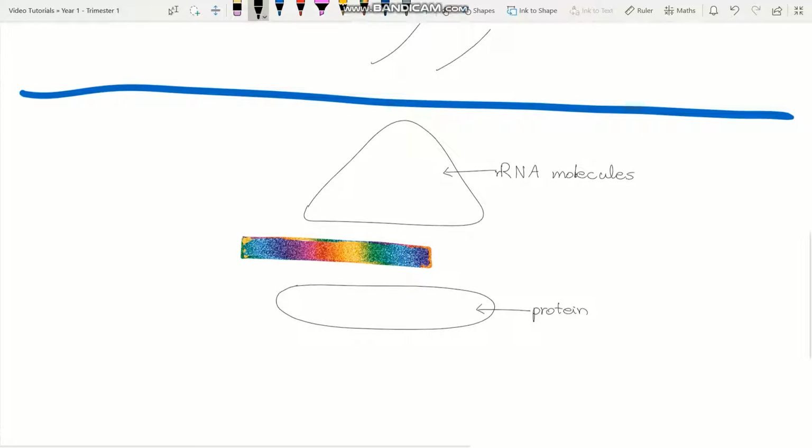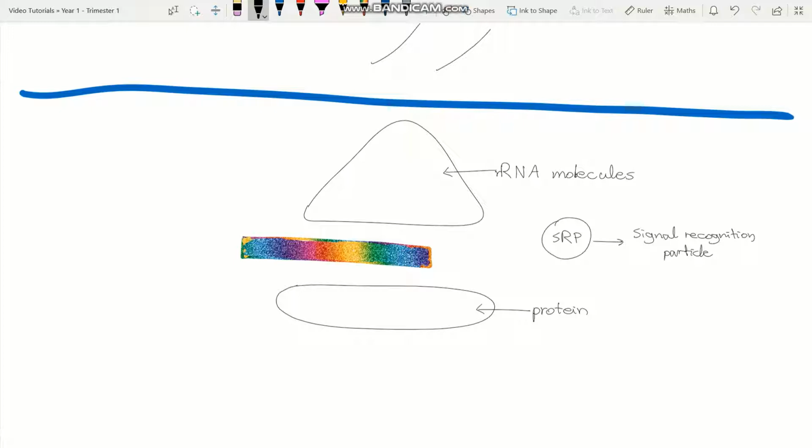There are special molecules floating within the cytoplasm called signal recognition particles, which I'll abbreviate to SRP. These particles are very important as they are able to direct this forming protein to a particular part of the cell.